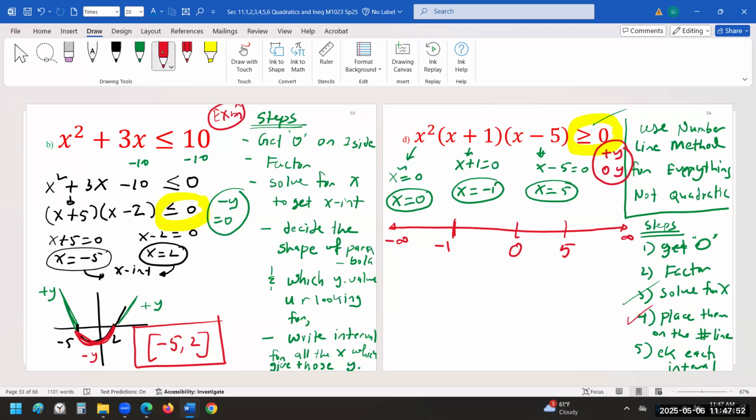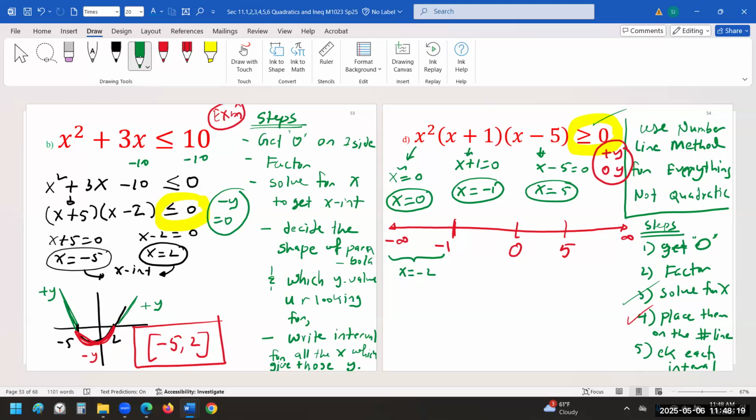And now we're going to check each interval. So we have 1 interval, 2, 3, 4. From each interval, we are going to take one number and place it into the function to see the y value. So take any number between -infinity and -1, anything smaller than -1, like -2.